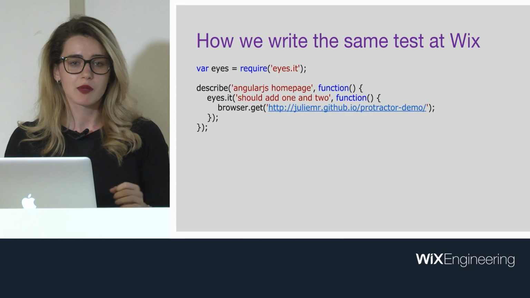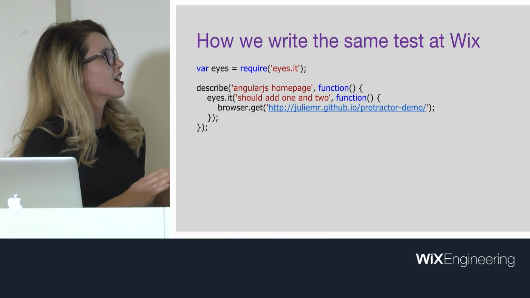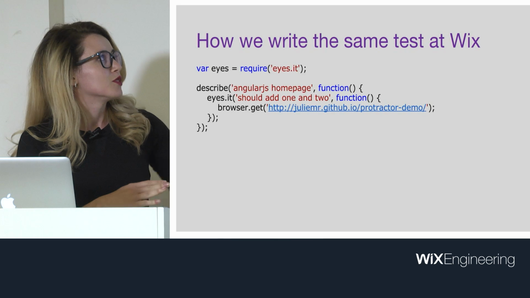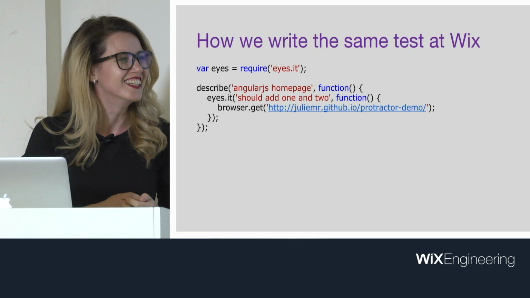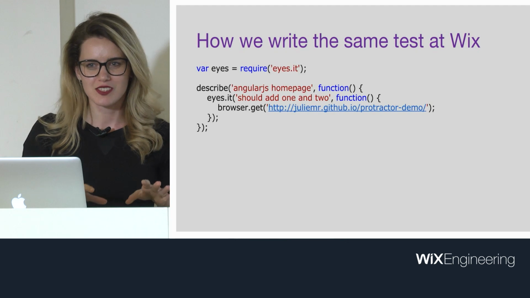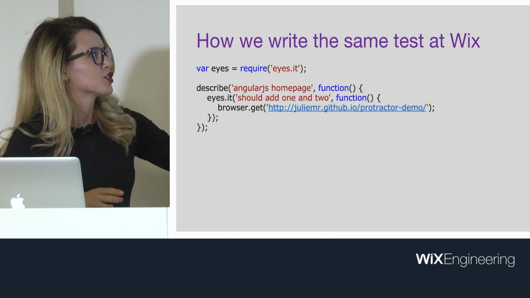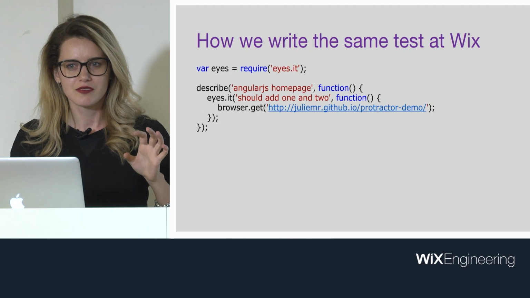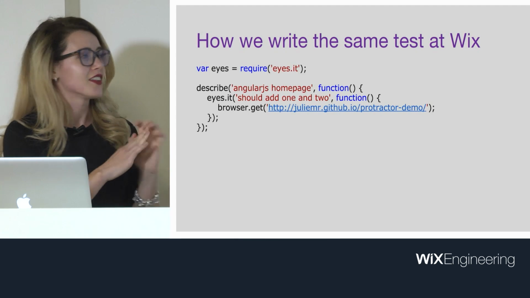That's how we write the same test at Wix. It's absolutely the same test. We require eyes.it. It's our library, thanks to Shahar. And you're just using your tests, which you already have. You're not changing anything. You're just adding eyes.it, eyes dot, before your it, which you already have, and it works.